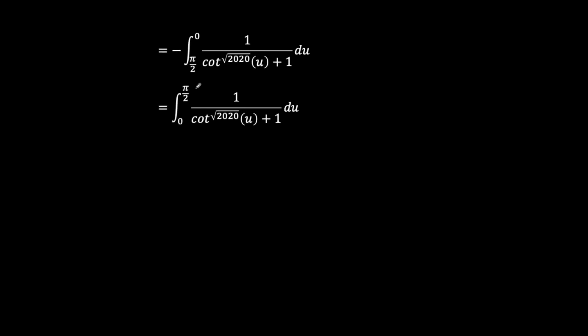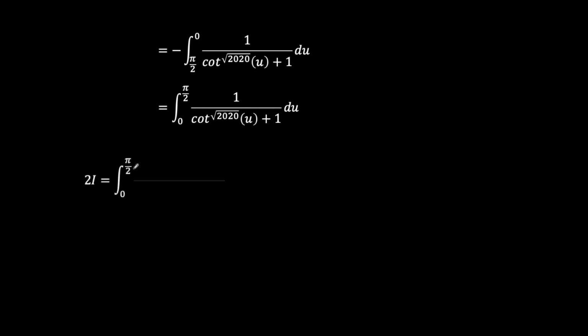And so what we have here is that the previous integral, from x equals 0 to x equals pi over 2 of 1 over (tangent to the power root 2020 of x, plus 1), is the same as the same integral with the tangent replaced with cotangent.